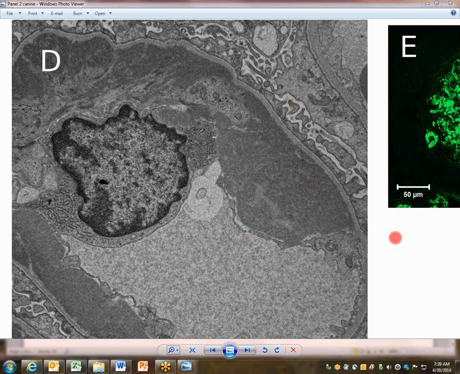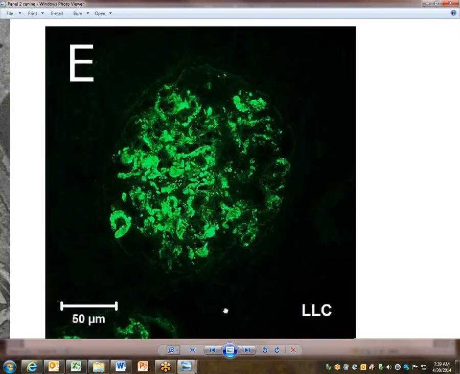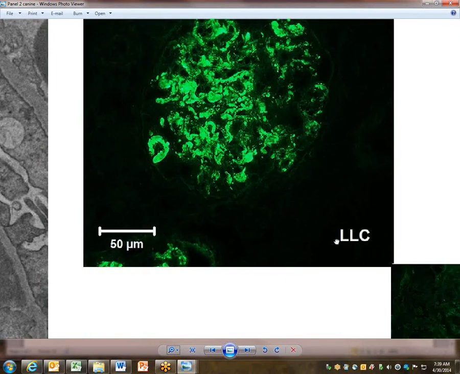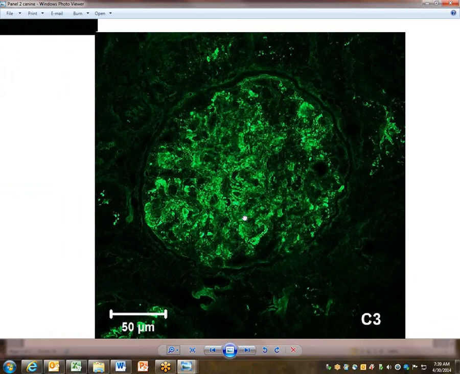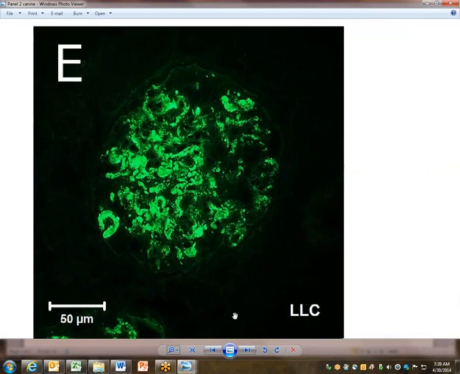If we go to the immunofluorescence, we can verify that the electron-dense material is in fact immune complexes, because they are staining positive with lambda light chain. If you go back and compare what we see on the lambda light chain and the C3 for this case versus the previous case, these are a lot chunkier.